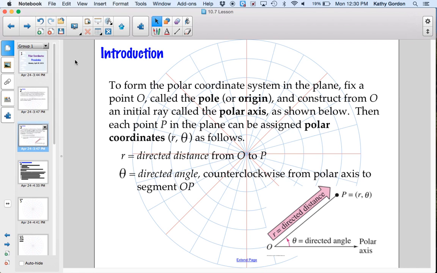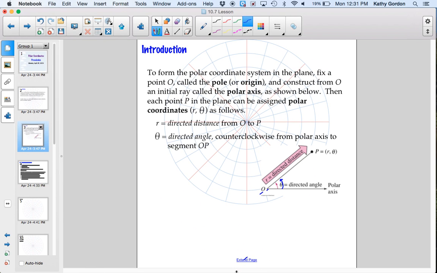But if I had a negative R value, then I would go the angle up here like this to get to the terminal side. But then if you imagine that this line continued down here, I would actually go the opposite direction to get to my point. So even though the angle put me here, the point actually goes this direction from it. That's a negative R value.